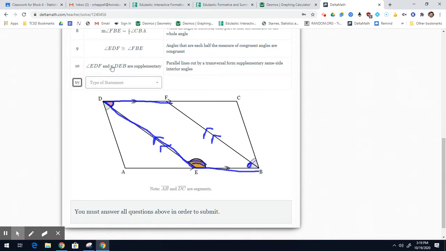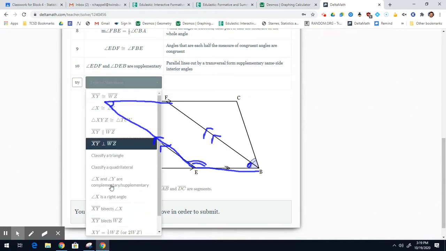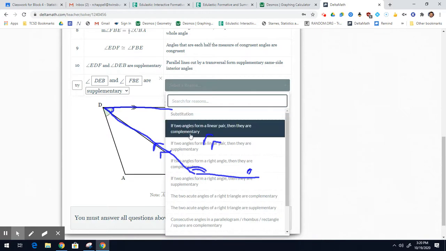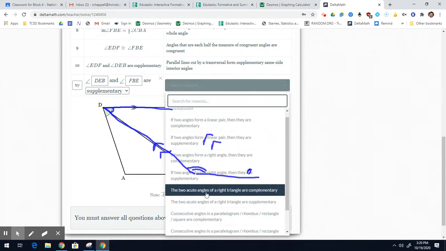Now I'm going to say that DEB and FBE, this angle must also be supplementary. And I think it's because if an angle is supplementary to one congruent angle, then it's supplementary to the other angle. Okay?